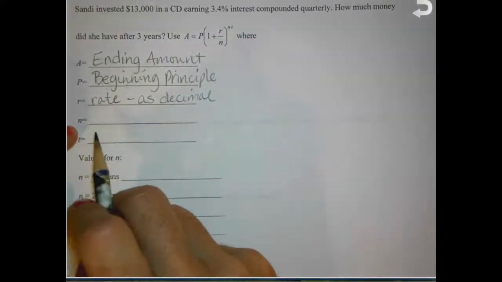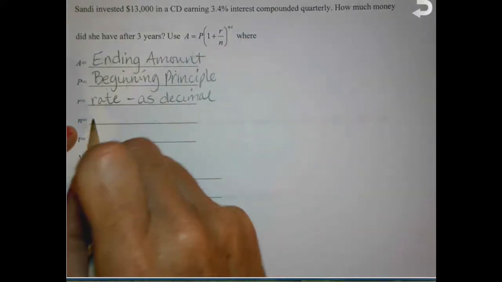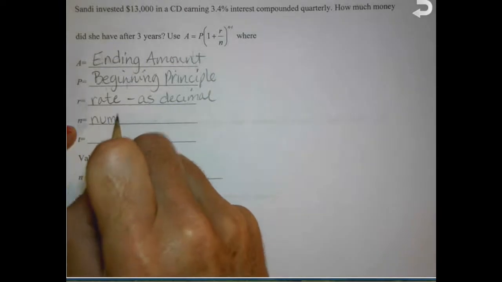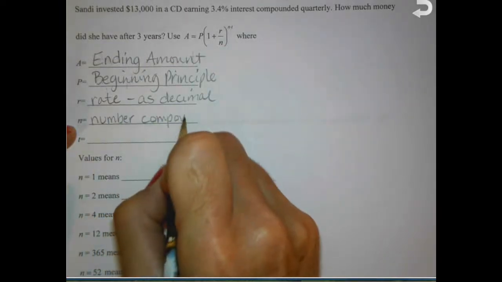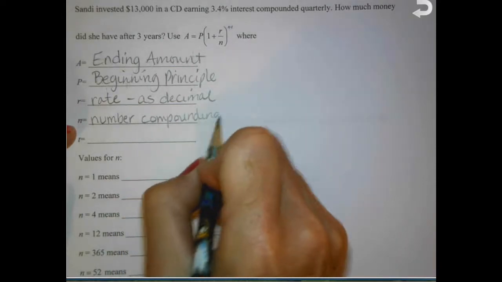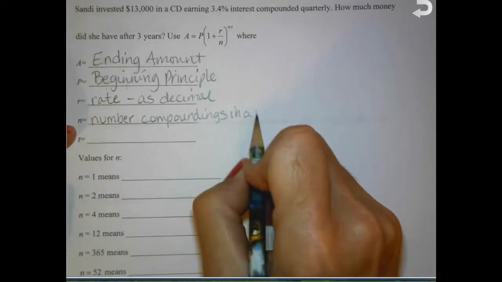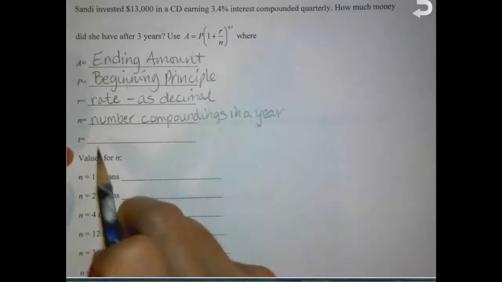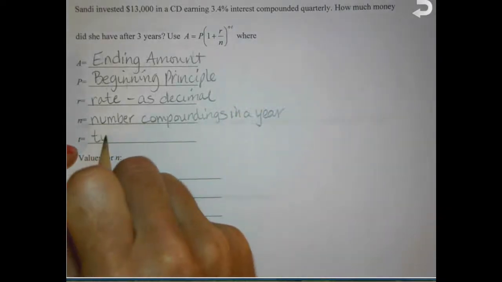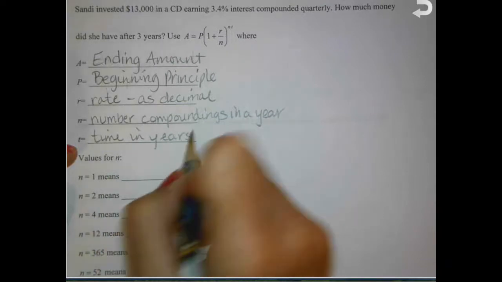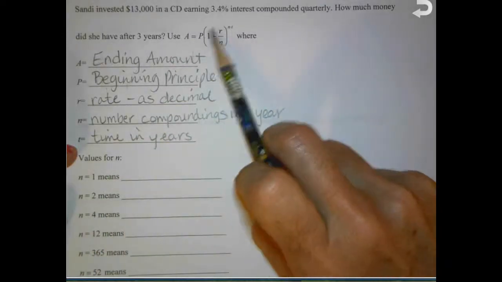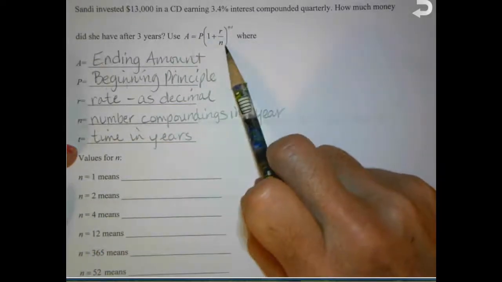And the N is the number of compoundings in a year. And the T is time in years. So that's all the variables that you have in this formula.